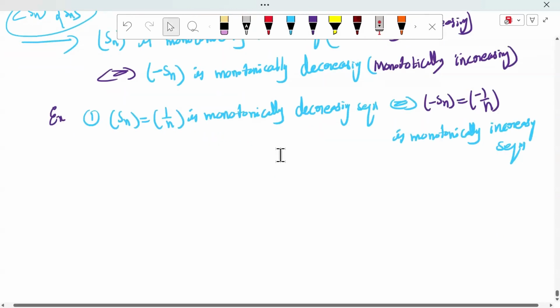Another example: n and minus n. n is increasing, minus n is decreasing, if and only if. This is monotonically increasing, monotonically decreasing.